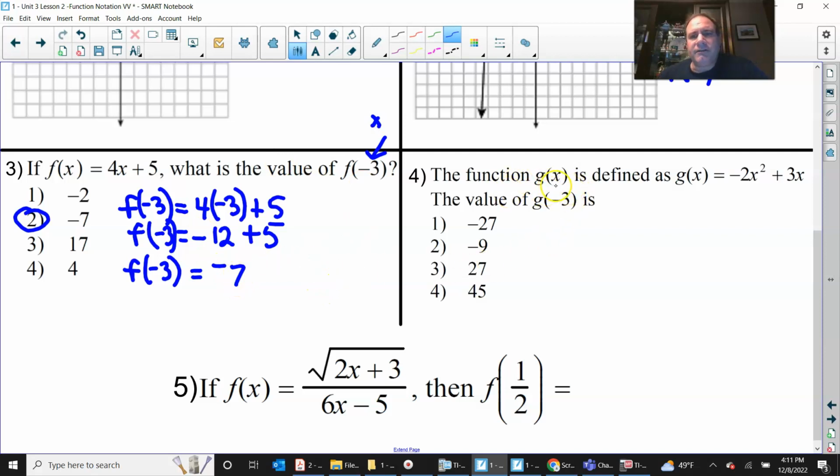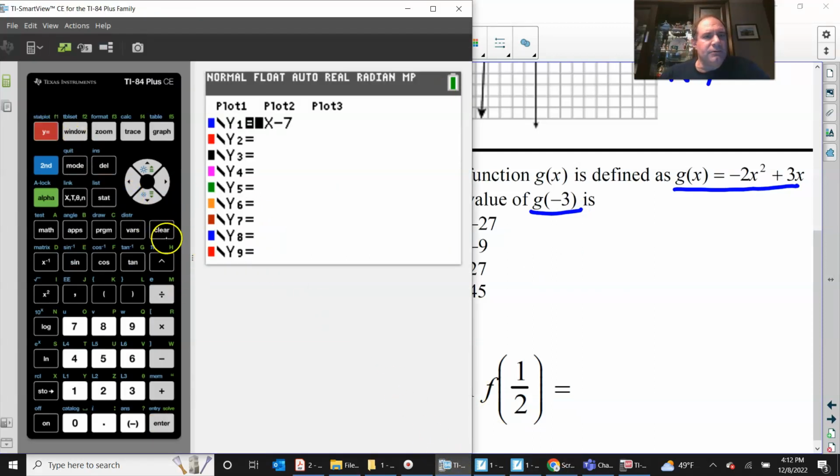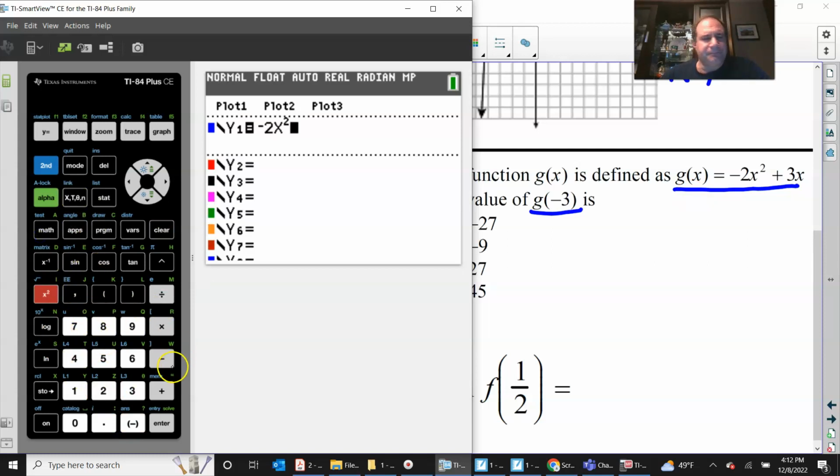All right, function g of x is defined as this. You bet I'm going to use my calculator. So I'm going to grab the calculator. Clear it out. Y equals, clear it out. We're going to put this exact function in. This is negative 2x squared plus 3x.